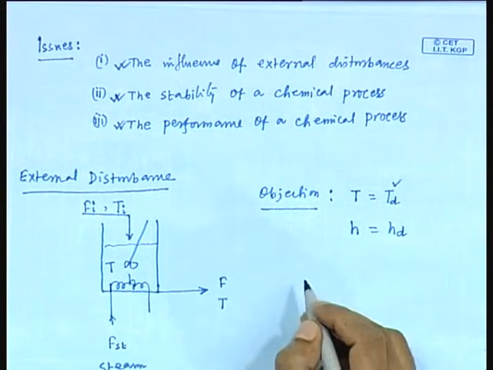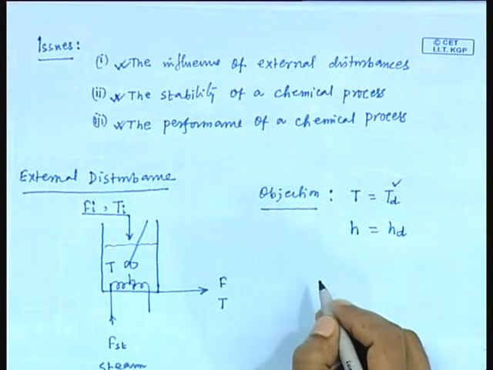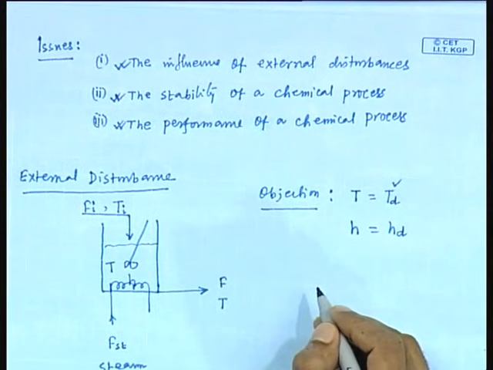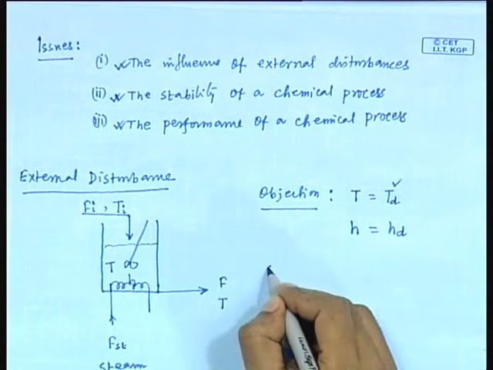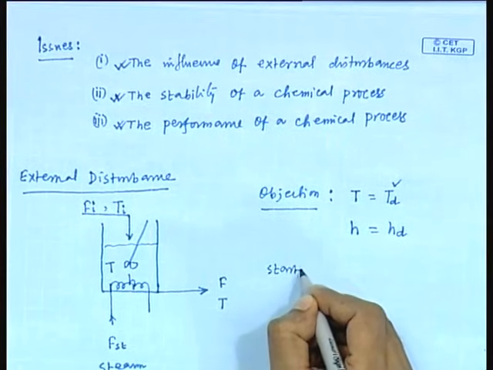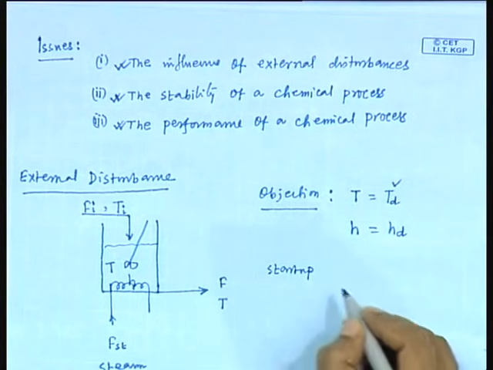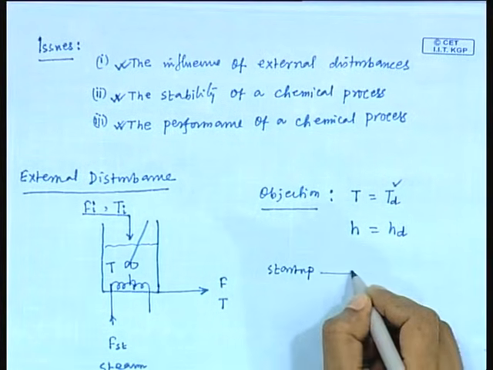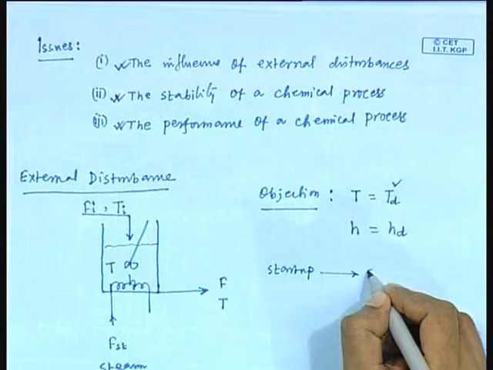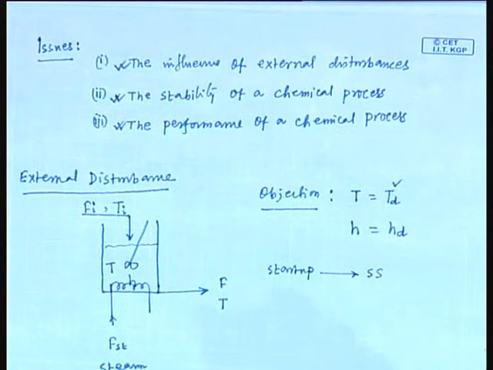Now initially, what are the steps we need to follow for any chemical process? First is we have to follow the startup procedure of a process. Fine. After starting off the process, it reaches steady state. We are representing that by SS. So after starting up the process, it reaches steady state.